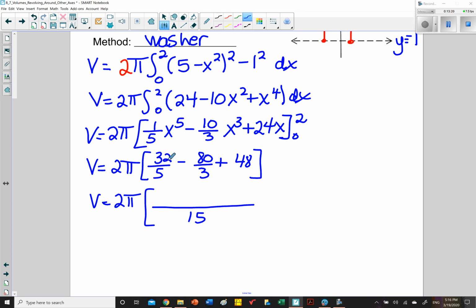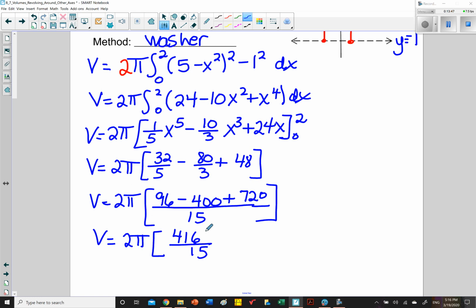So this one needs a factor of 3, that's 96. 5 times 80, that's 400. And then 15 times 48 is 720. No, I didn't do that in my head. And that fraction adds up to 416 over 15 times 2.